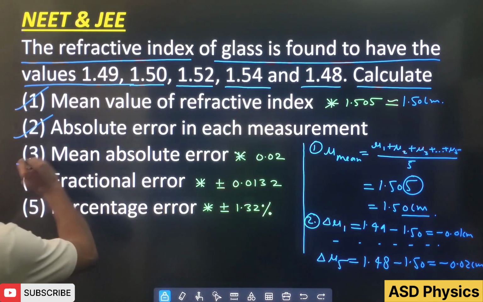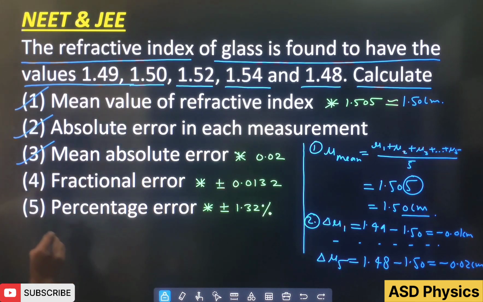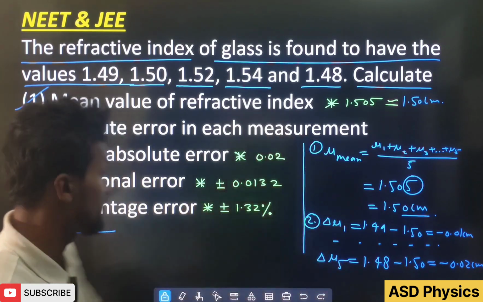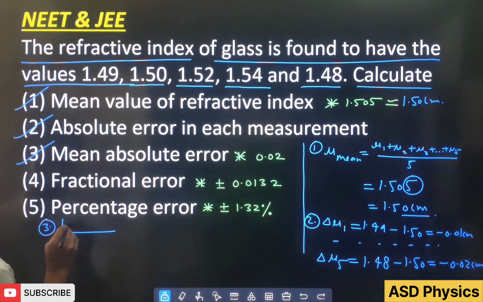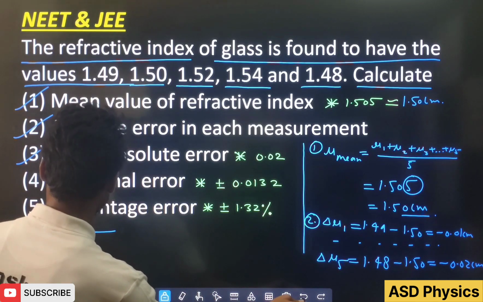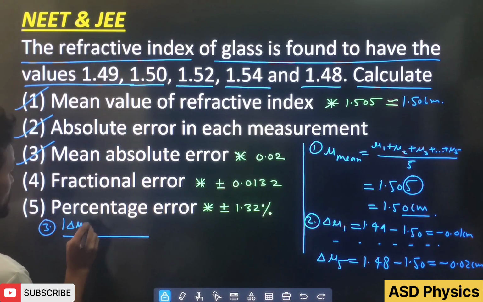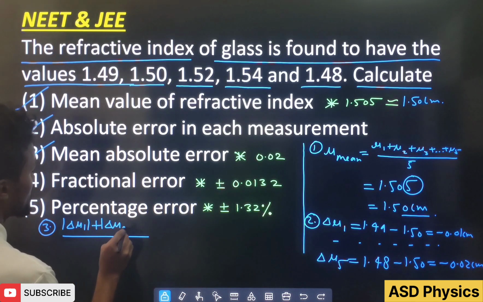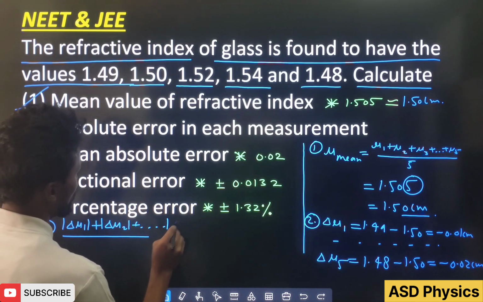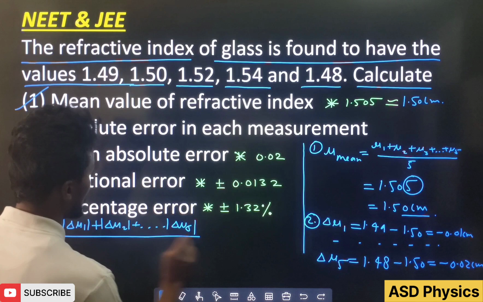Third one: mean absolute error. How will you get the mean absolute error? We have to add all of them: mod delta mu1 plus mod delta mu2, and continue this up to plus mod delta mu5, and divide by 5.